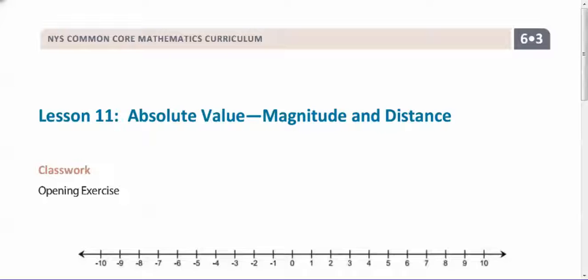So it's lesson 11, and it says absolute value, magnitude and distance. So absolute value and magnitude mean the same thing, and it means how far is this number from 0 on a number line. So we're going to write distance from 0 on a number line.